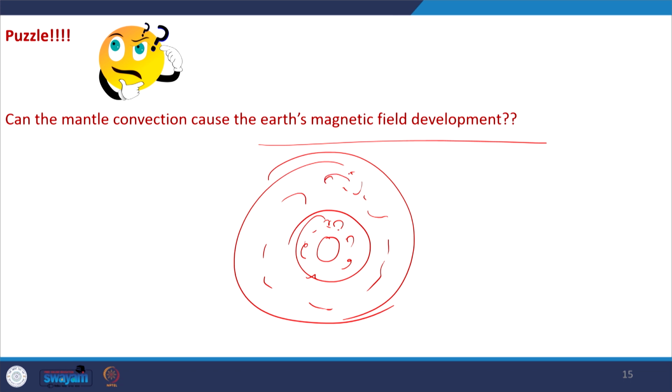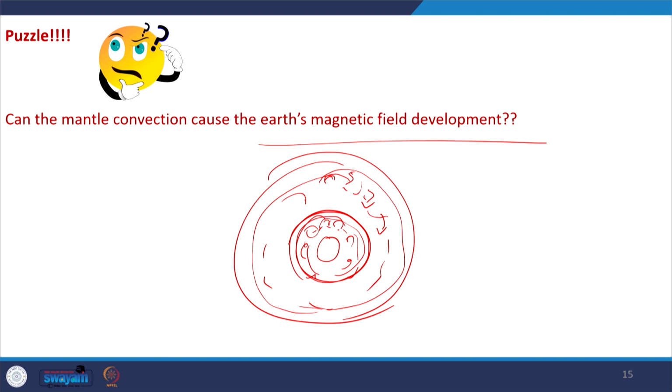Similarly, here the motion is relatively very slow, it is 5 to 6 centimeters per year. However, here this motion is very fast. That is why it is creating a dynamo, and this dynamo is related to electric field generation and magnetic field generation. So, though here we have magnetic minerals or ferromagnetic minerals, their presence is very negligible as compared to the outer core's composition.